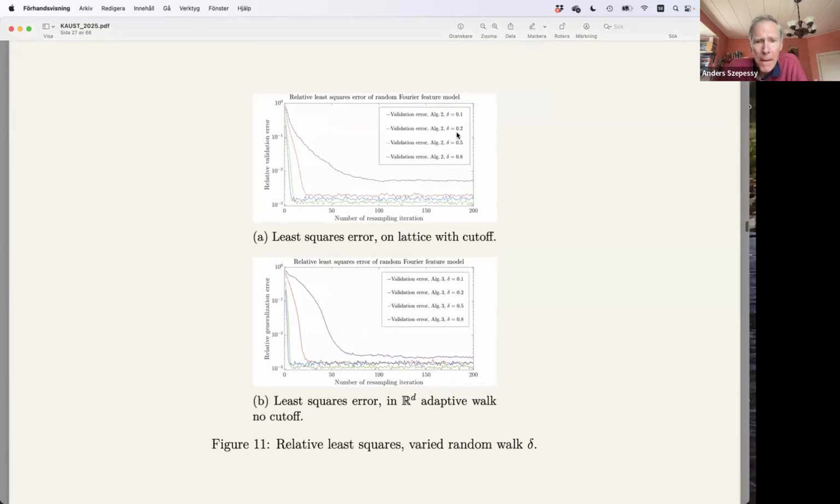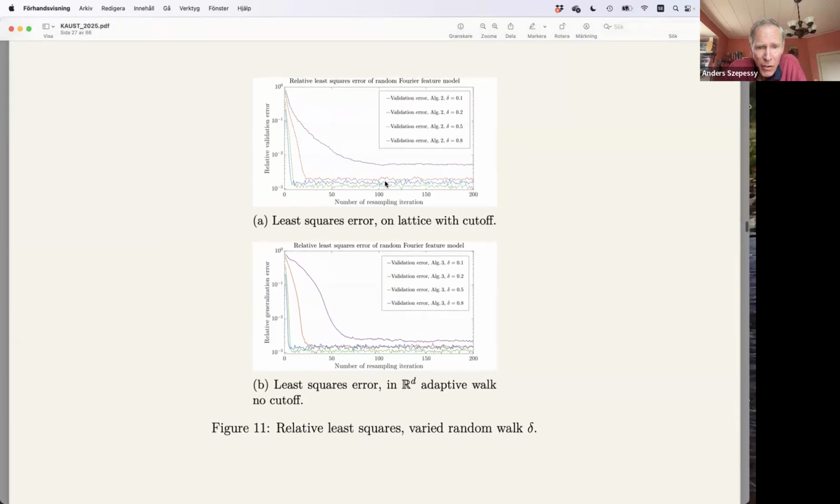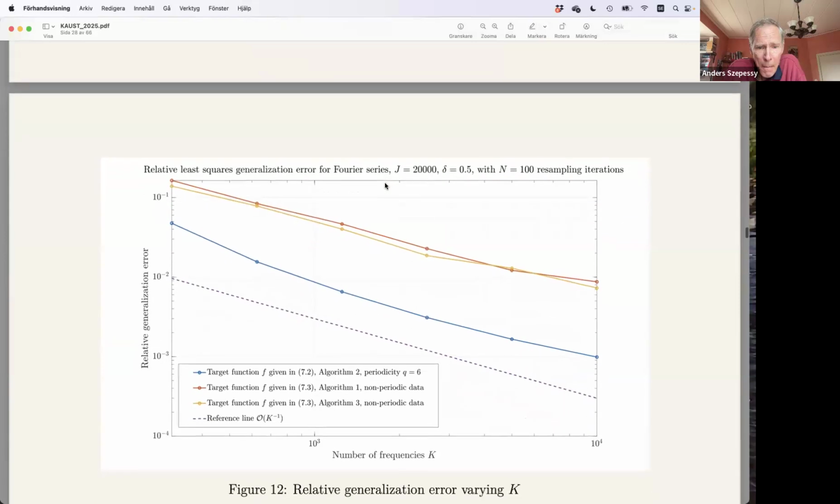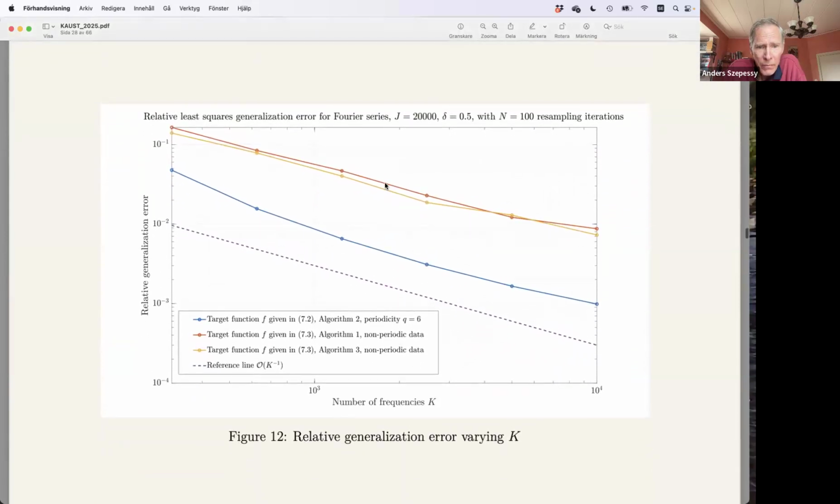The delta parameter can be varied, and if it's too big, the method doesn't work well, but it is rather insensitive. When one tests the error, here we test how it converges with the number of nodes. Then it converges as one expects.